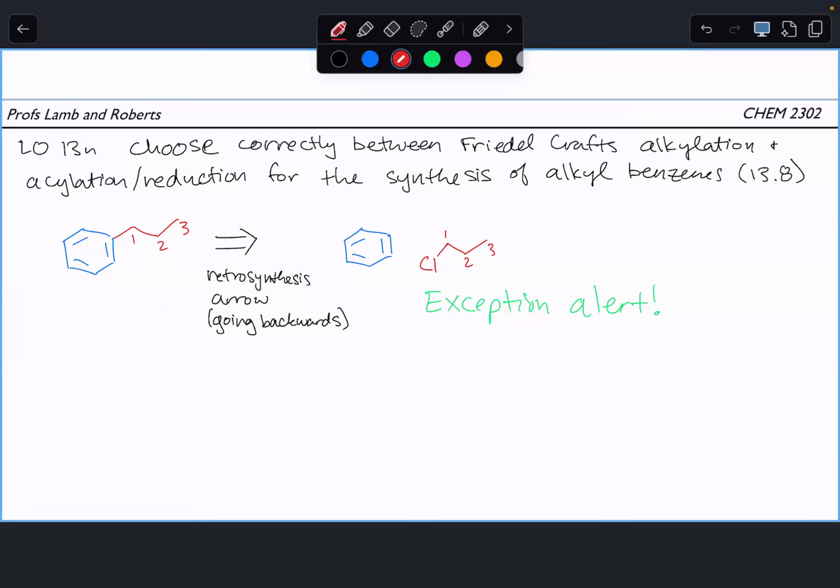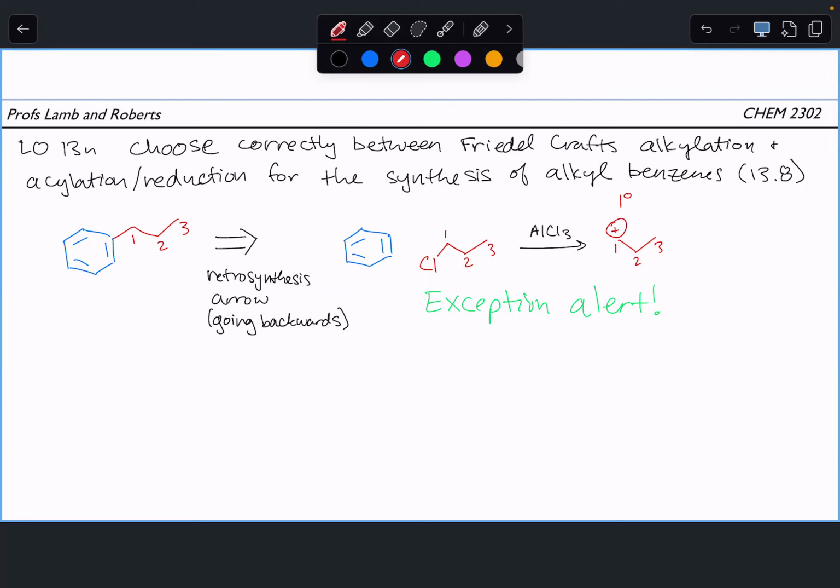So we think about the electrophile that we would get from this, right? If we add our aluminum chloride catalyst, we would make 1, 2, 3, right? We would make a primary carbocation. Last time you talked about how primary carbocations are super not stable.